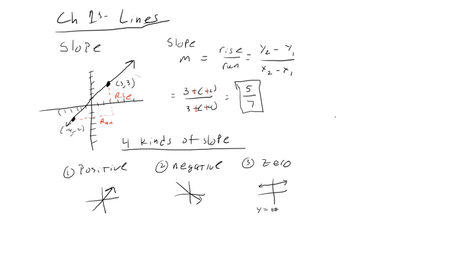And our last kind, so when you have y by itself, that's a slope of 0. And then our 4th slope is undefined. And this is when you have a vertical line straight up and down. And this is an x equals a number. X equals -3 or x equals 6. You have an undefined slope.